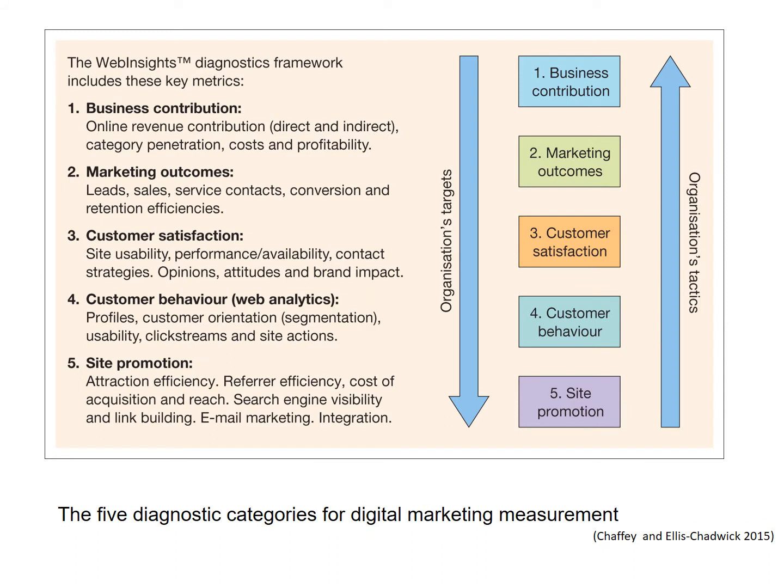The five diagnostic categories for digital marketing measurement include, first, business contribution: the online revenue contribution, direct and indirect, category penetration, costs and profitability. Then marketing outcomes in terms of leads, sales, service contracts, conversions and retention efficiencies.